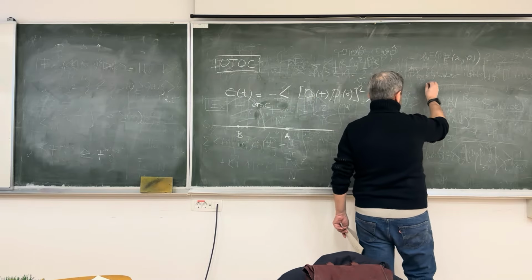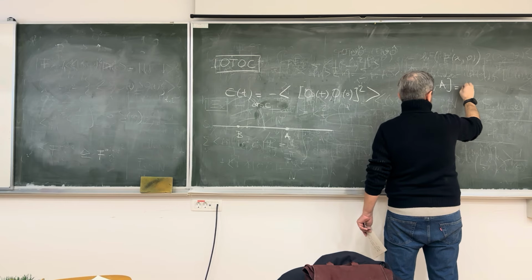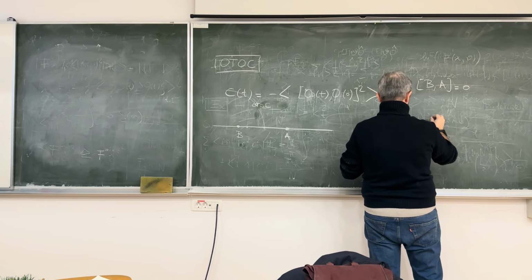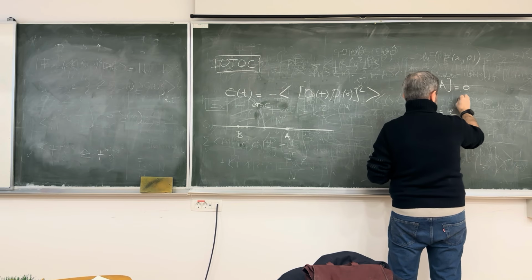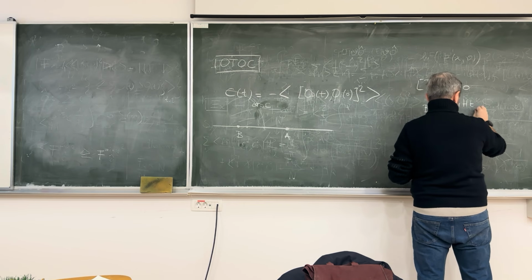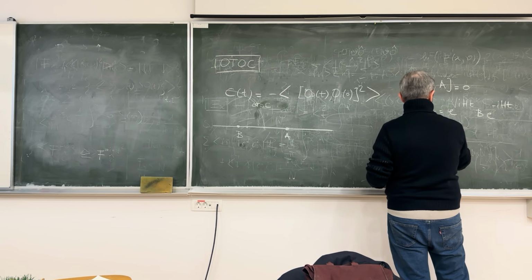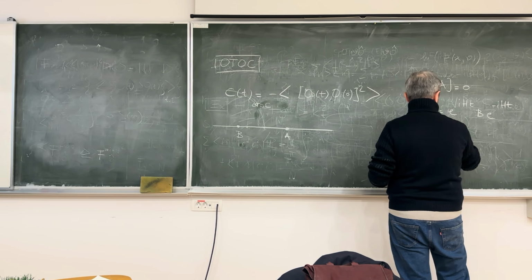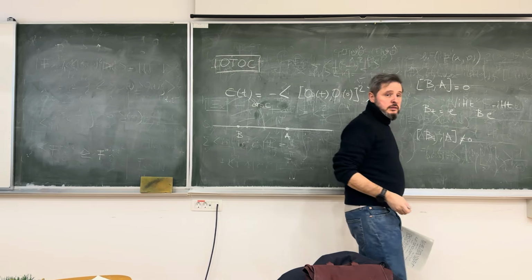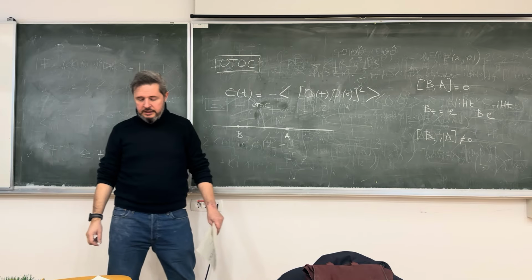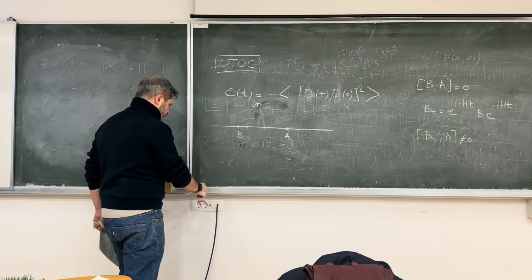Now, of course, initially B and A will commute. But as you turn on the dynamics, B of t, which is e to the iHt B e to the minus iHt, at some point will start not commuting with A, which is something that you can detect, for example, by Lieb-Robinson bounds on the correlations.